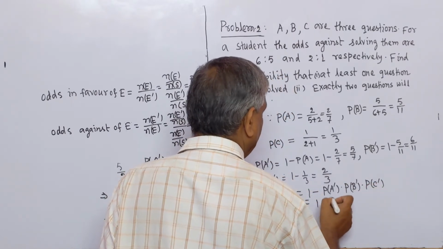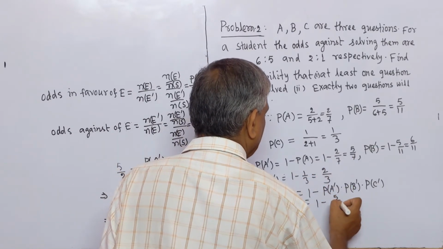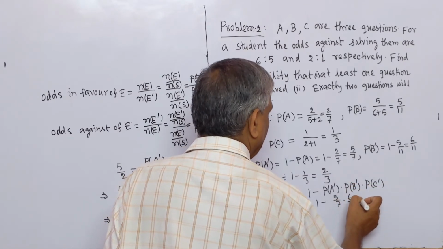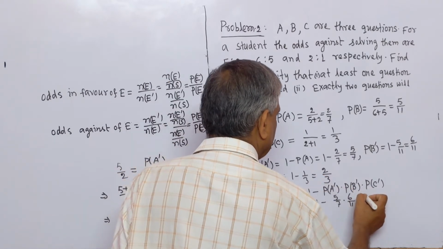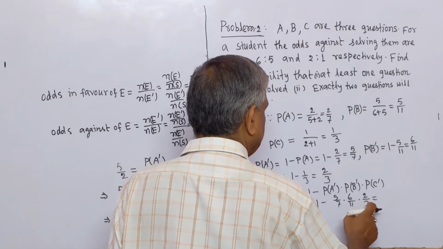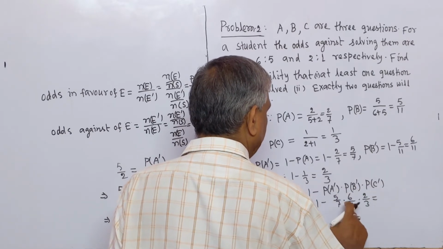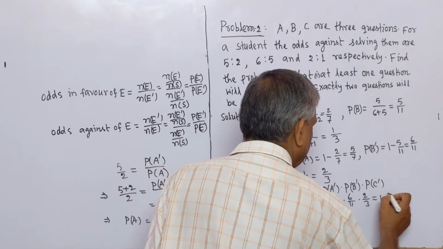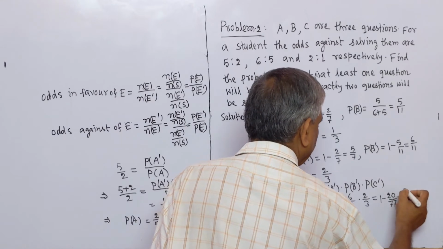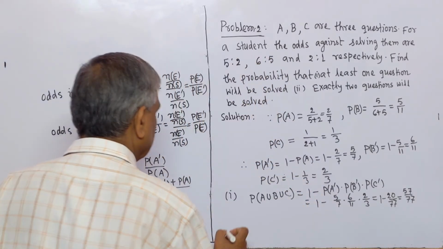And this will be 1 minus PA prime means 5 by 7, multiply PB prime 6 by 11, multiply 2 by 3. Here we see that 3 2s are 6, means numerator 20 and denominator 77. 1 minus 20 by 77, and this will be equal to 57 by 77. Number 2.